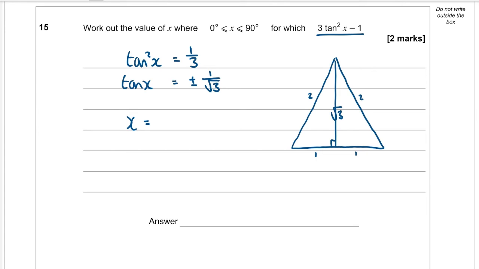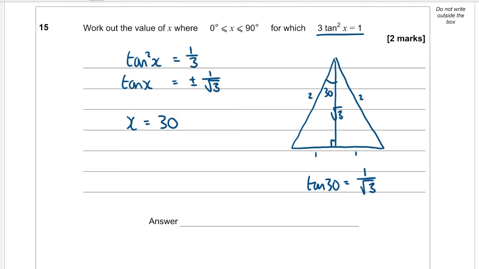And if I'm looking at tan of this angle up here, which will be 30 because it's half of an equilateral triangle, so I know that tan of 30 is equal to the opposite 1 over the adjacent, which is root 3.